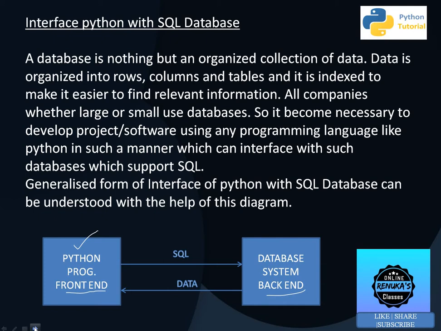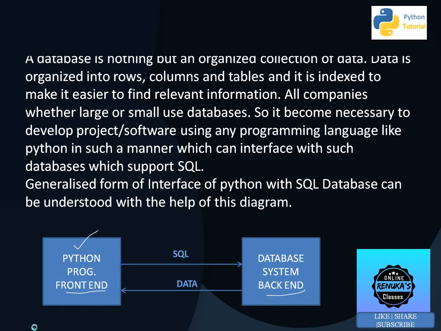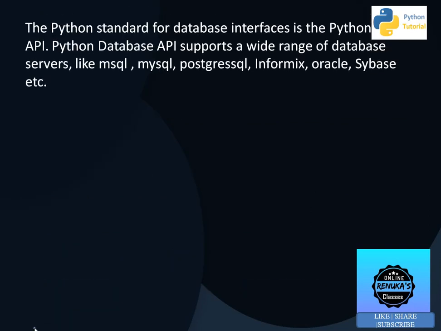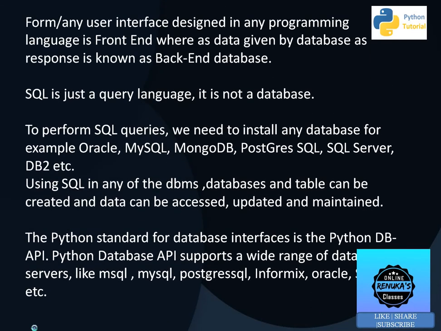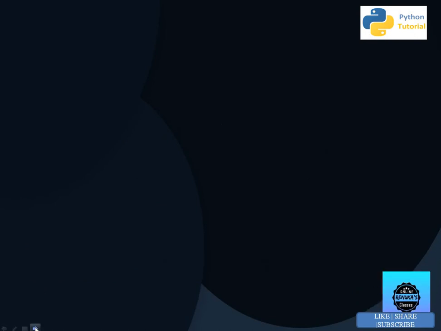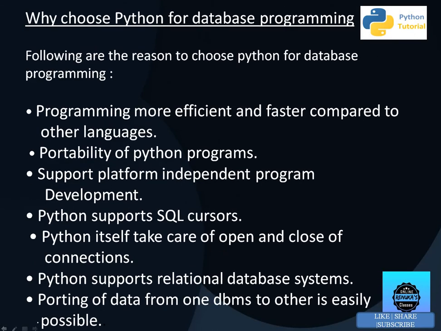In order to connect to a database from within Python, we need a library that provides connectivity functions, and that library is MySQL connector, which can be downloaded and then used. How we use it, we will discuss later on.